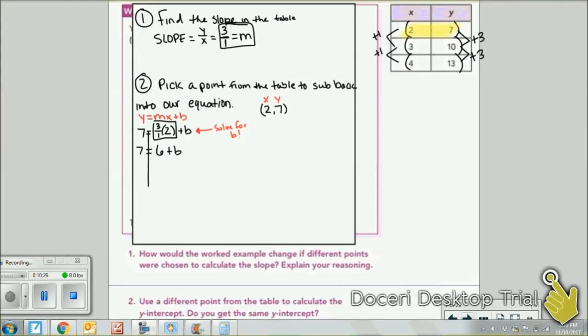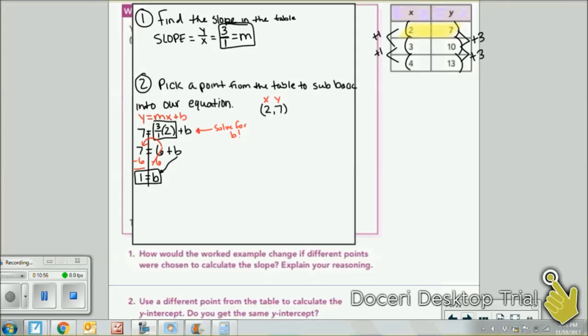Now again, we've got to get 6 to the other side, that constant, to have b all by itself. We know because of inverse operations that we're going to subtract 6, because 6 is positive. The inverse of positive 6 is negative 6, so we're subtracting 6. And then finally we end up with 7 minus 6, which is 1. The only thing left on the right side is b, so we bring that down, and our answer is 1 equals b. So there's the first two steps.